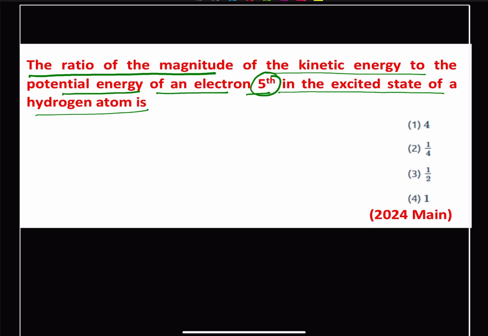So fifth excited state basically means value of n is equal to 6, because ground state is represented as value of n is equal to 1. So we can just use our Bohr energy model relationship. Based on this, we can find out the kinetic energy as well as the potential energy.